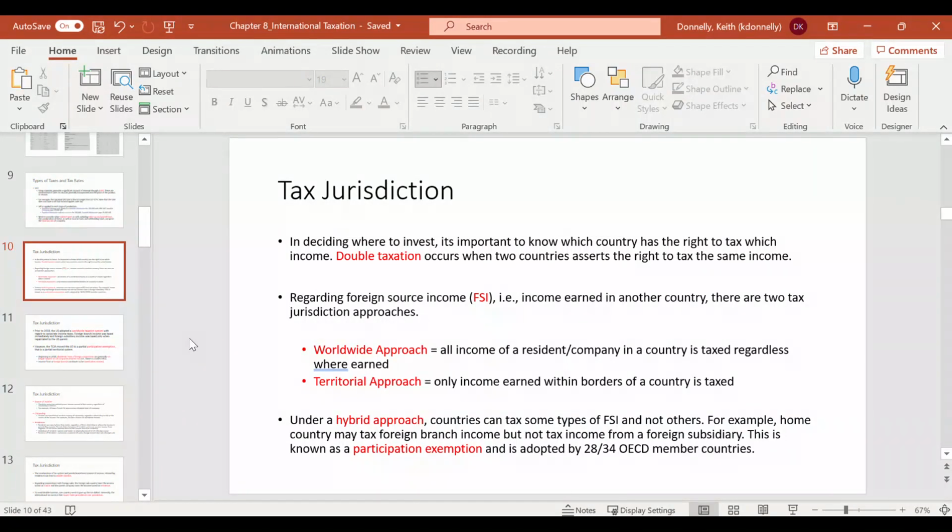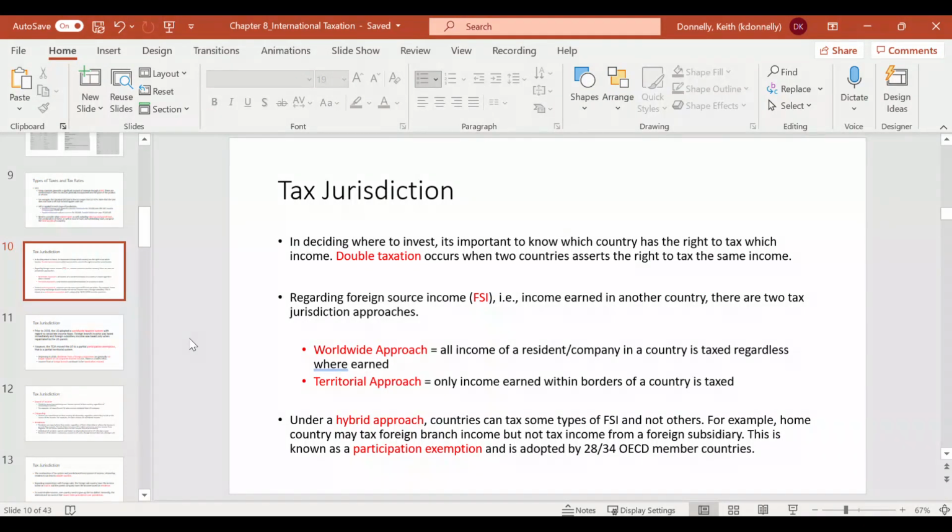They say, hey, all income, wherever it's derived in the world of a resident or a company is taxed in our country, regardless of where it's earned. So we're going to tax all of your income, even if you make it outside of the United States. Versus in distinction, a territorial approach, if a country took this, they would basically say, hey, we're only taxing income that's earned within the borders of our country.